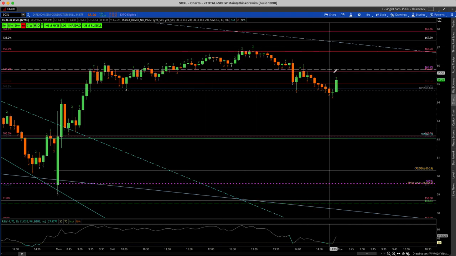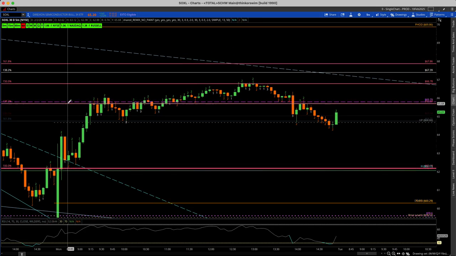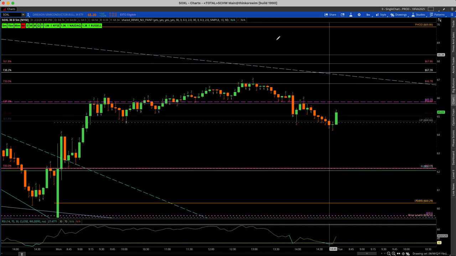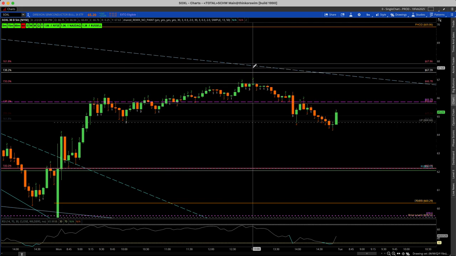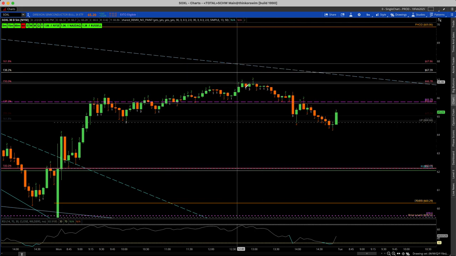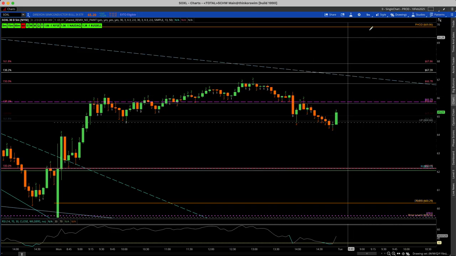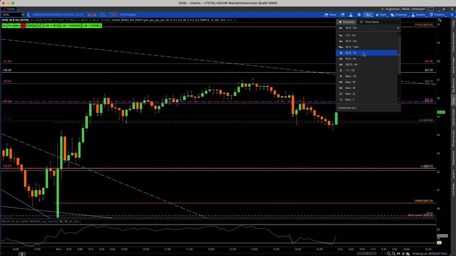But you can see that last week's 50% level was obviously a level of resistance. Here's the 1-hour downtrend line right here as well. So we pressed up almost to it, basically went as high as we could without breaking trend, basically staying in trend to the downside on the 1-hour.